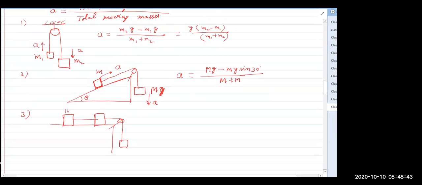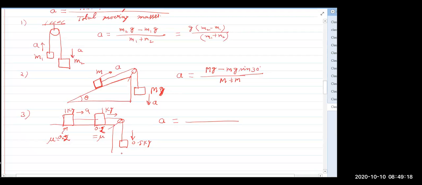This mass is 1 kg, this mass is 1 kg, this is 0.5 kg, and the friction coefficient is 0.2. Here also, if this accelerates with A, this will accelerate with A, and this will also accelerate with A. So they have a common magnitude of acceleration, and then we can apply the formula.